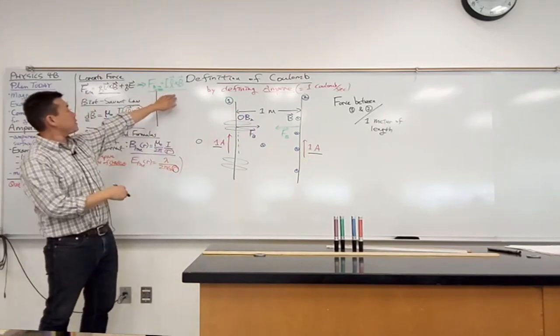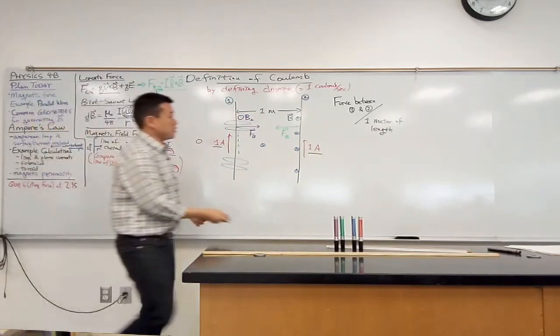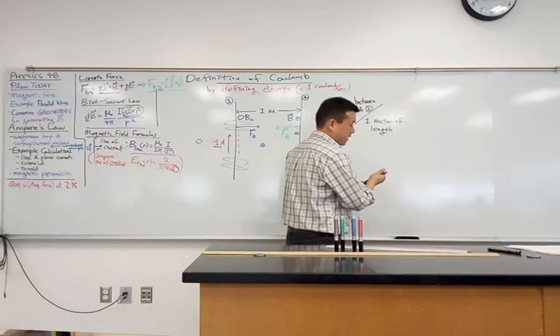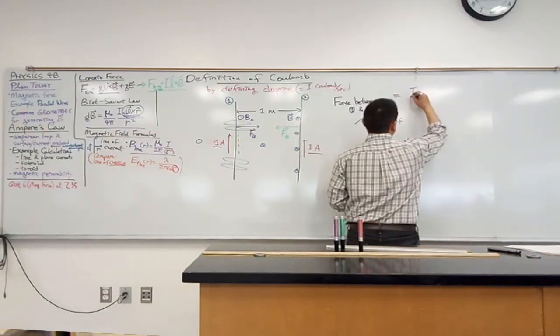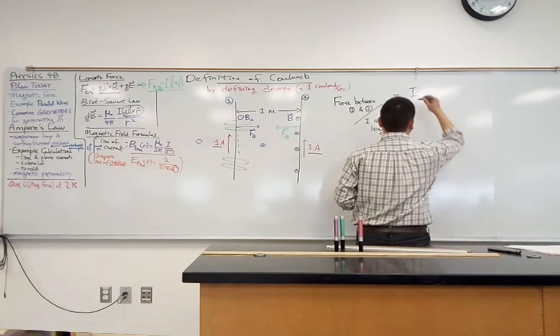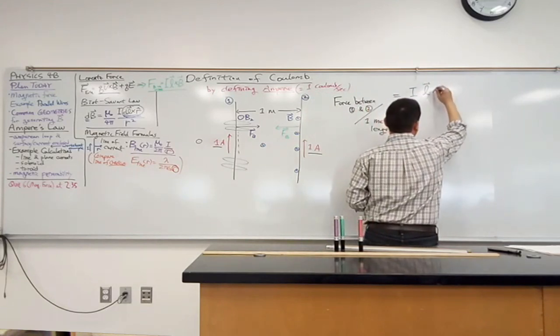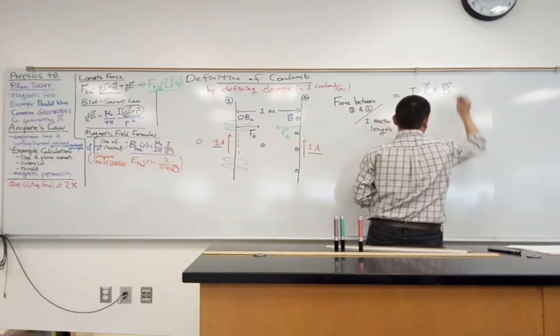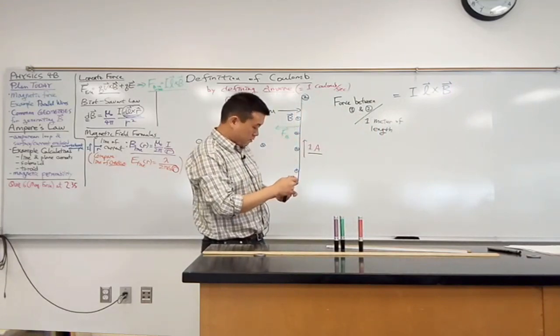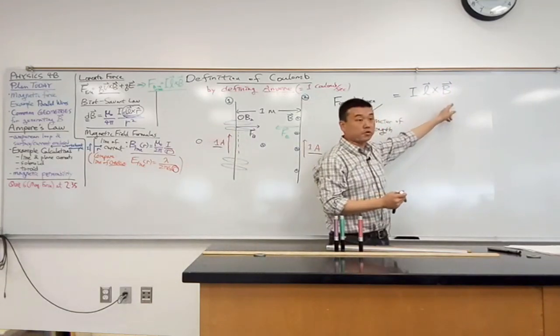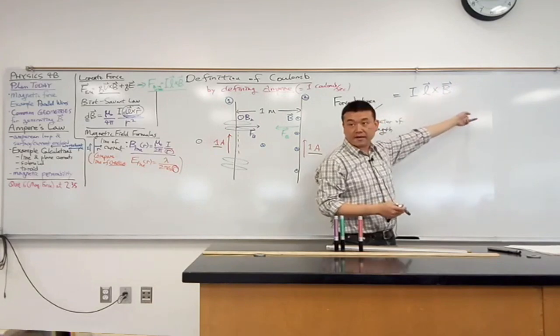So this is the formula I'm going to use. What I need to write down is, this is going to equal current I times length L cross B. And let's just simplify this a little bit. L cross B is going to be LB sine theta.